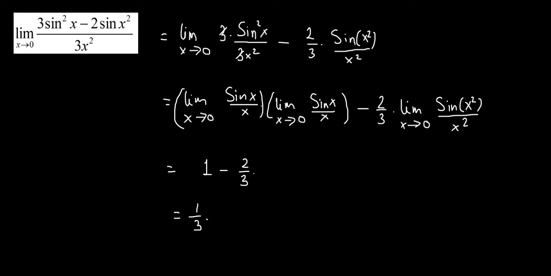Let us do another problem. So here we have the trigonometric function cosec x minus cot x divided by x. So we have to find its limiting value. So let us rewrite the numerator. We have cosec x, which is the reciprocal of sine x. So we have 1 over sine x minus cot x.